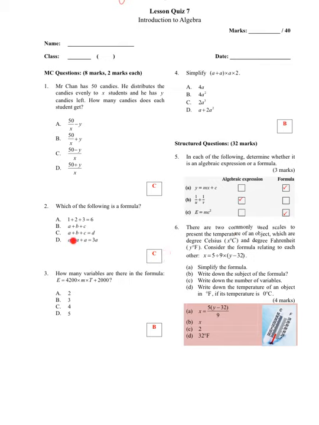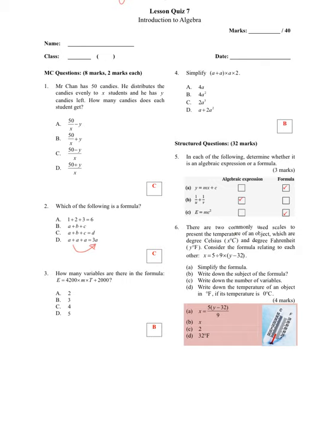For choice D here, it is basically simplifying an expression, but not getting a formula relating different variables. Question 3, you have E and M and T to be variables, but 2000 is a constant, 4200 is also a constant, so the answer is B.